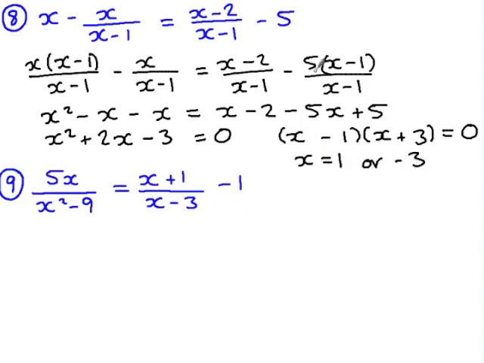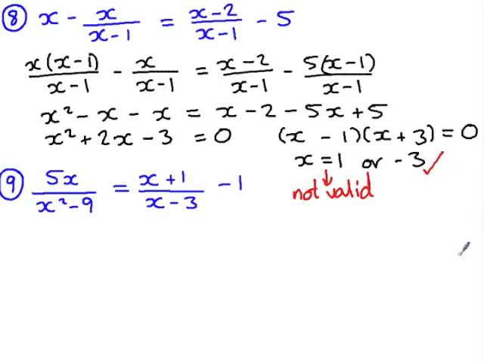But here is an example where one of the solutions is invalid. X equals 1 would result in a 0 denominator. So we can discount x equals 1, not valid with the original equation, and therefore the only solution is x equals negative 3.